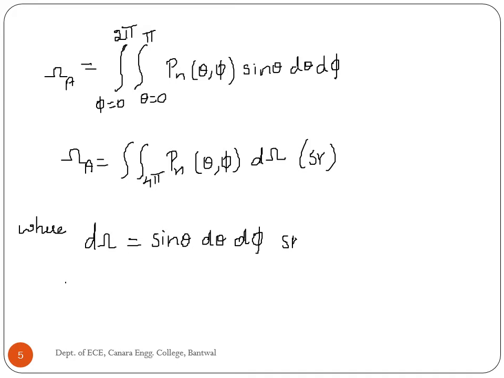Thus, beam area can be expressed in terms of half power points in theta direction and phi direction. Theta HP and phi HP are the half power beam widths in the two principal planes, minor lobes being neglected.